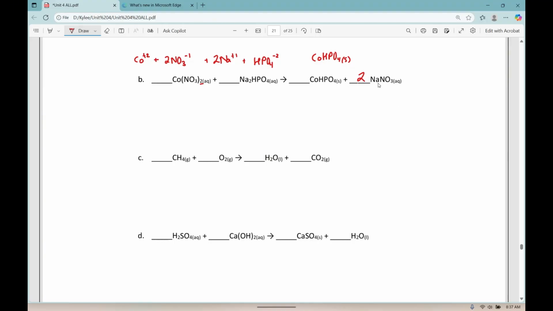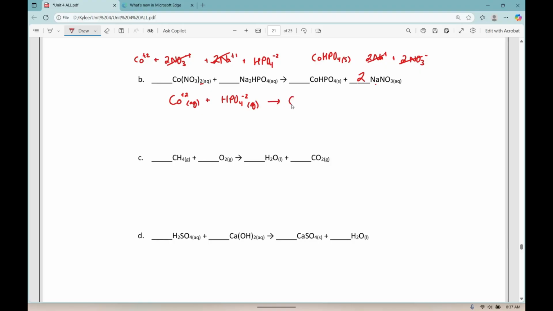And then I can break apart my sodium nitrate, so I have 2 Na+ plus 2 nitrates. I'm going to cancel what appears on both sides, and that's going to be my nitrate and my sodium. And I'm going to rewrite what's left over. So I have cobalt +2, and that was an aqueous solution, plus HPO4 -2, and that was in solution.